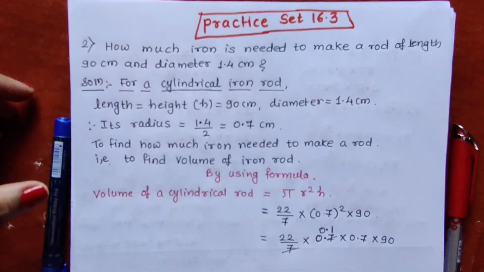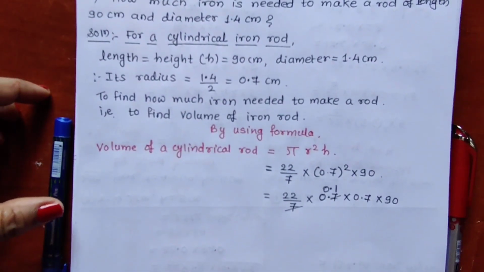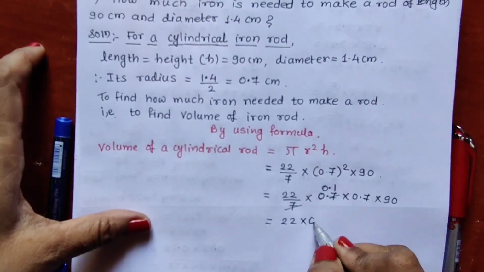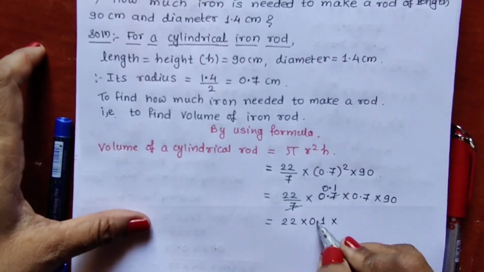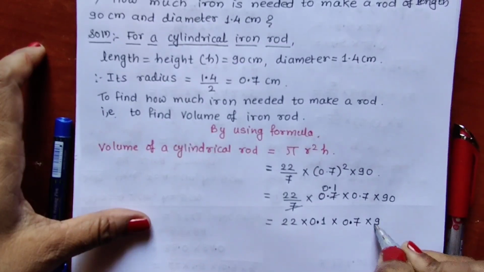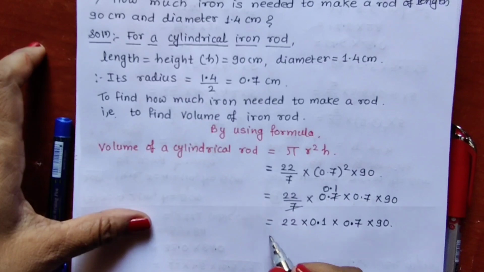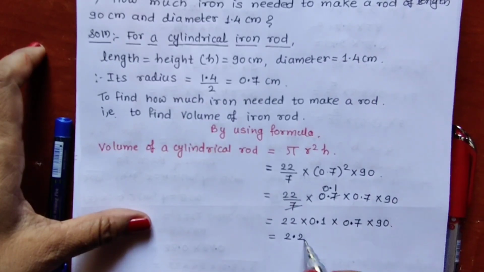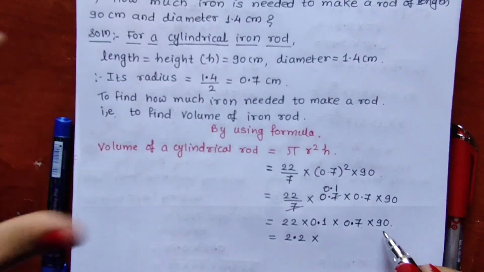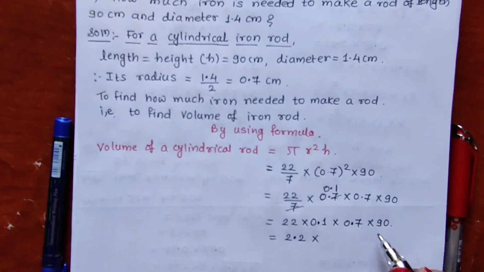Okay, now let us do the multiplication here. 22 into 0.1 into 0.7 into 90. Now 22 into 0.1 will be 2.2, because 22 ones are 22, we all know, and we will multiply by 7 and 90.